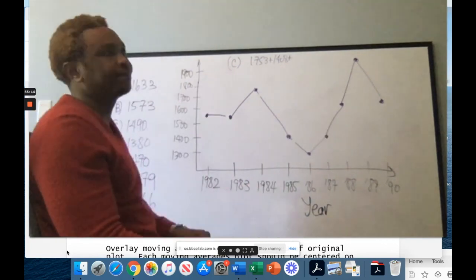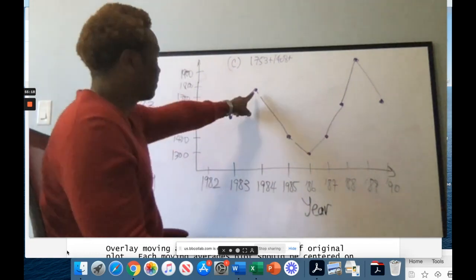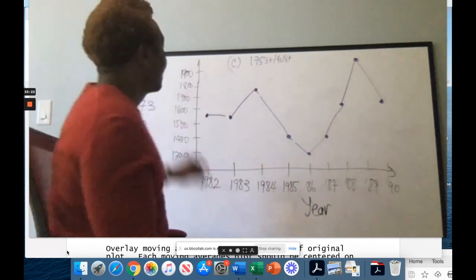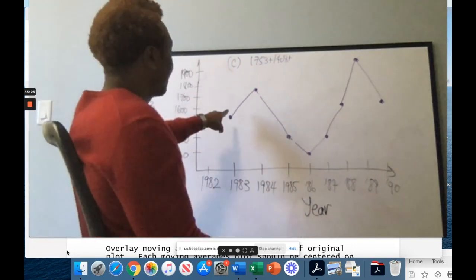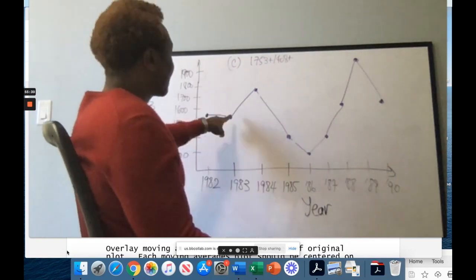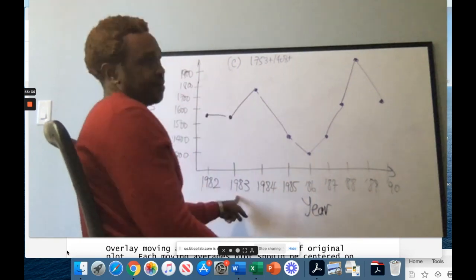3. 1, 2, 3. So 1633, when I plot it, is going to be plotted in the center of the size window. The center of this size window, which is 3, is at this year right here, 1983.